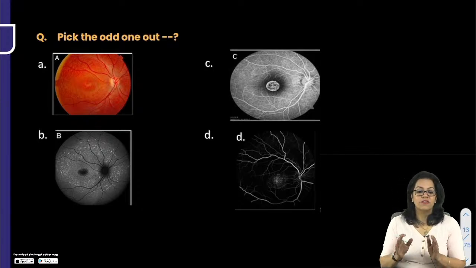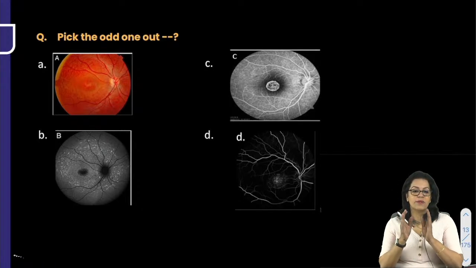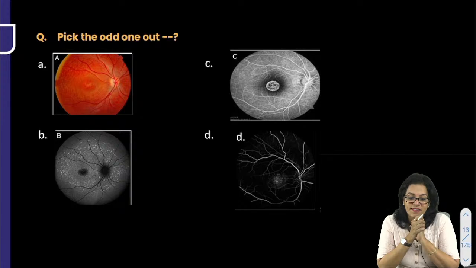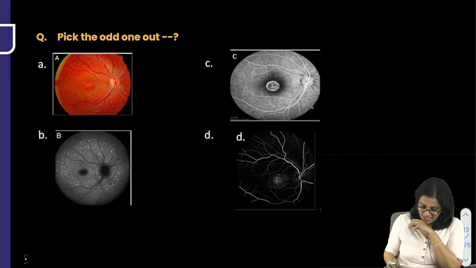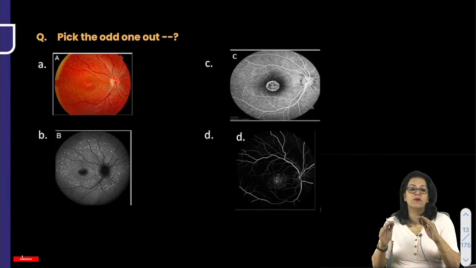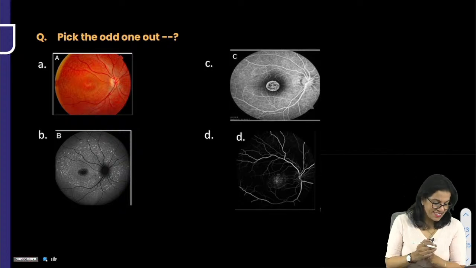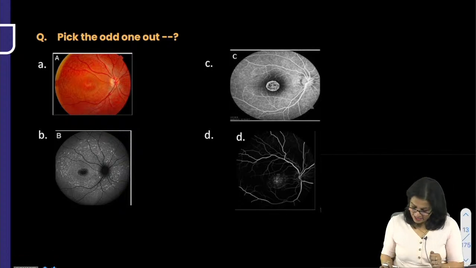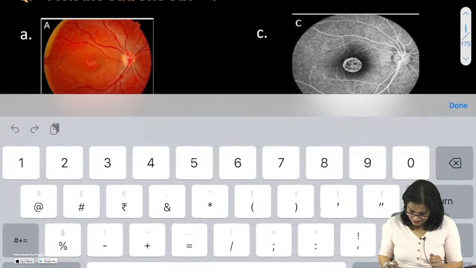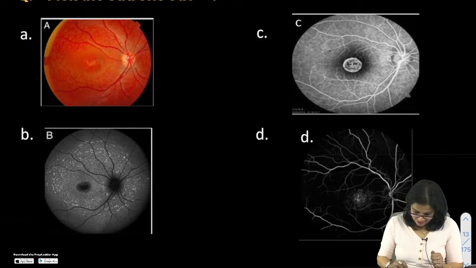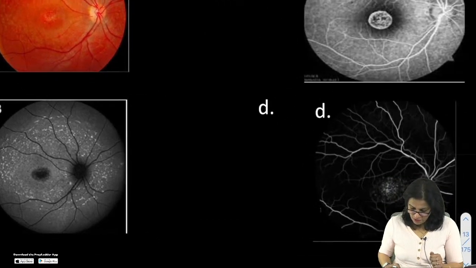Now I want all of you to read the question. It's an interesting question. Chalo batao isme. You have to pick the odd one out. We will see all the slides. I will give you a help. Try to first see the angiographies. You will come to the diagnosis. Chalo batao kya hai? If I am seeing the angiography, okay, let me start.